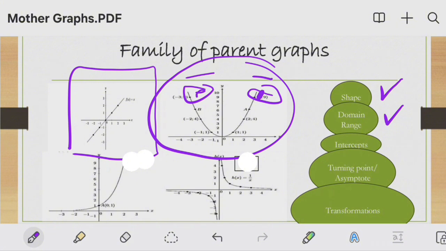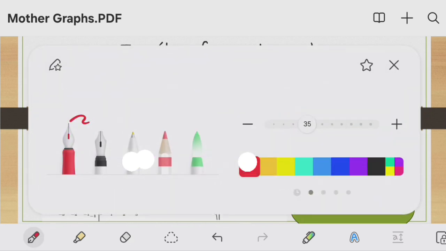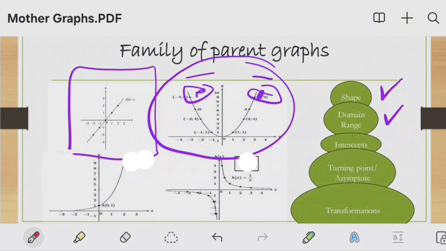Intercepts could be where axes cross one another. For example, where the y-axis crosses the x-axis is what we call the origin, and of course, that is also an intercept. An intercept as well could be where the graph or the function itself crosses the axes.